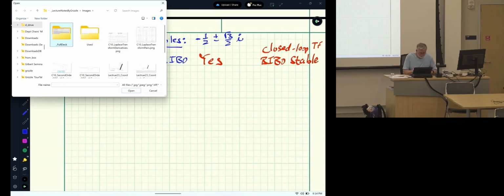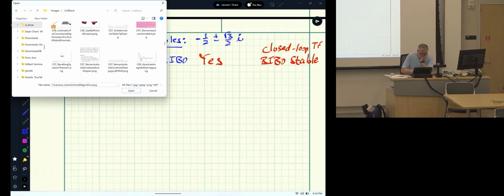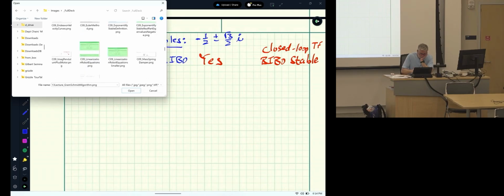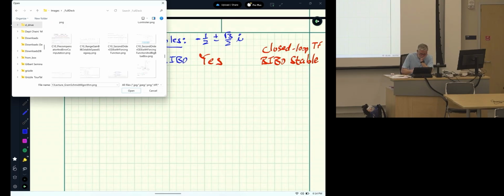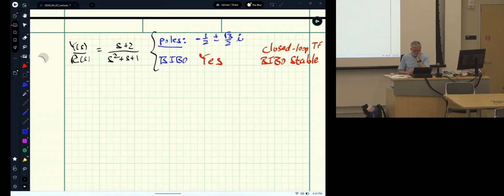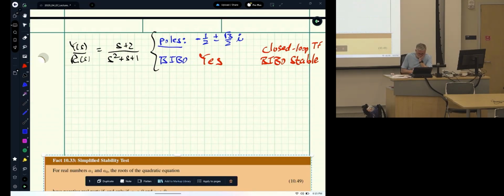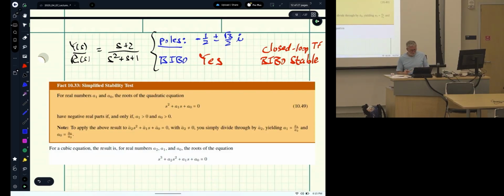Okay, it's in here. Chapter 10. Simplified stability test. Here we go. This will be helpful to us.